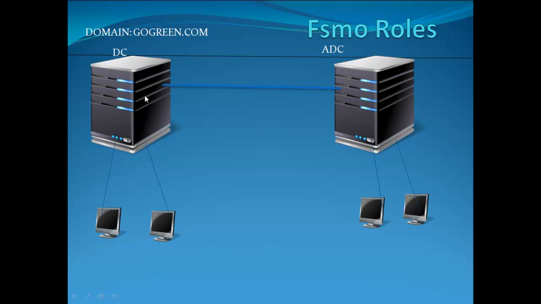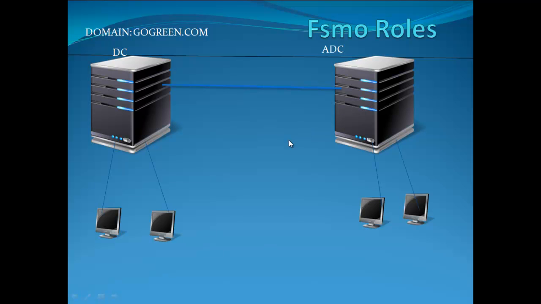If a disaster comes to the DC and it cannot be brought back, we have to seize the roles in the ADC and make it the primary domain controller, and it will work as the primary domain controller.